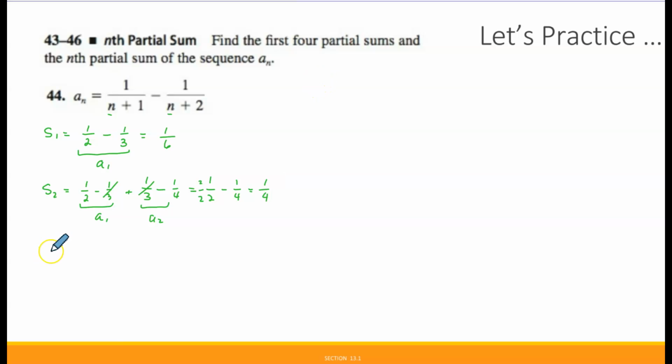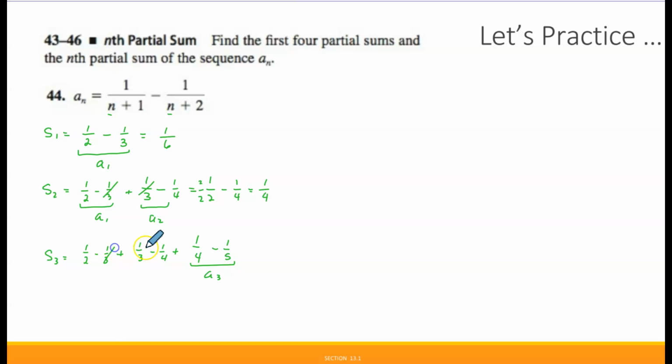Okay, so let's look at S3. S3 is going to be A1 plus A2 plus, now we've got to figure out what A3 is. We're going to plug in 3 for n, so we get 1/4, and 1/5.